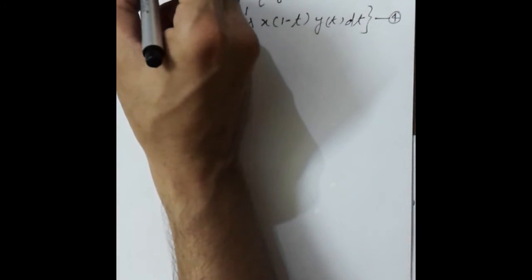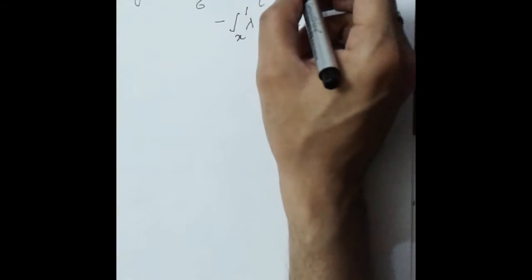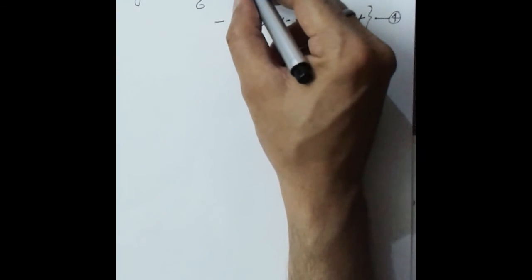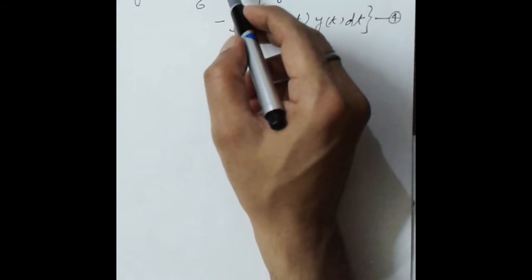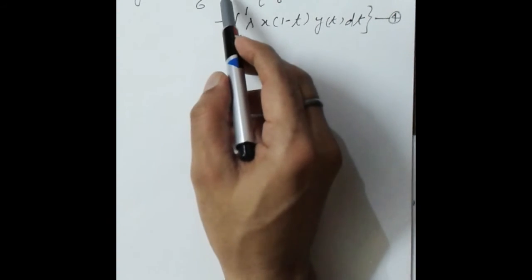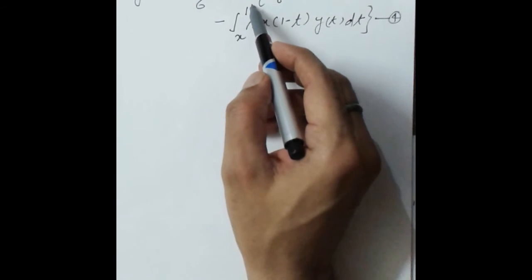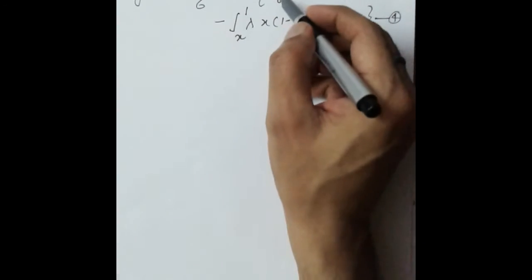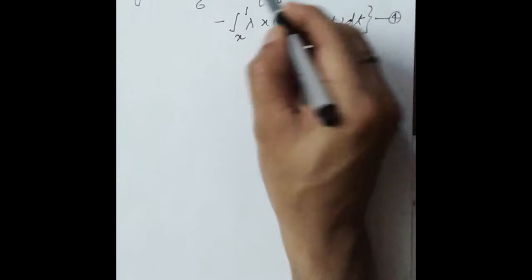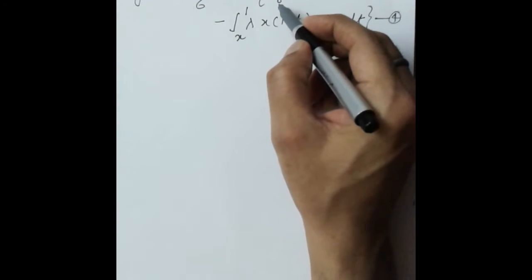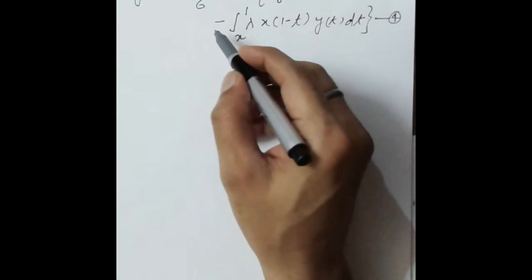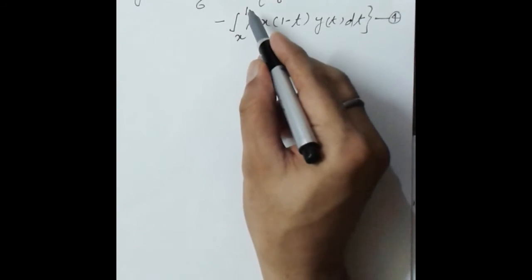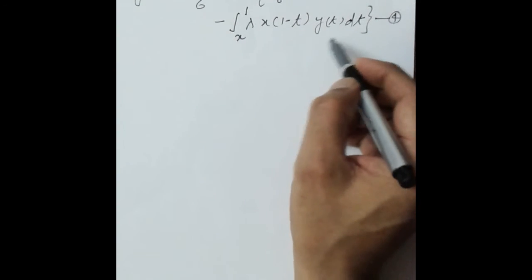So to recover the boundary value problem from integral equation 2, rewriting 2: y(x) equal to x cube plus 5x by 6 plus lambda, the integral from 0 to x lambda t(1 minus x) y(t) dt minus the integral from x to 1 lambda x(1 minus t) y(t) dt.